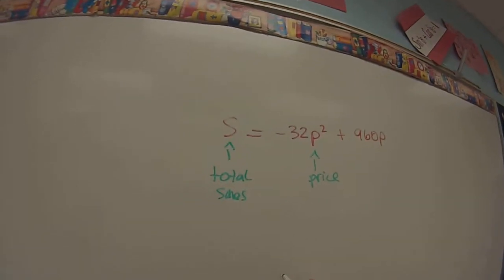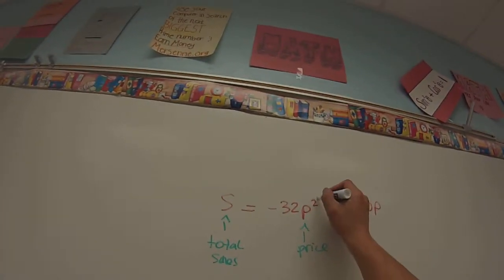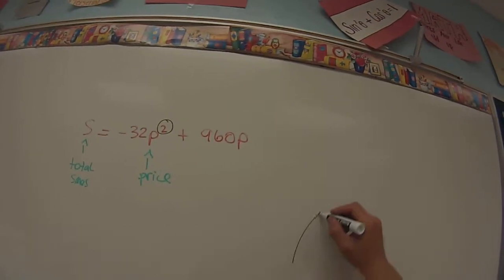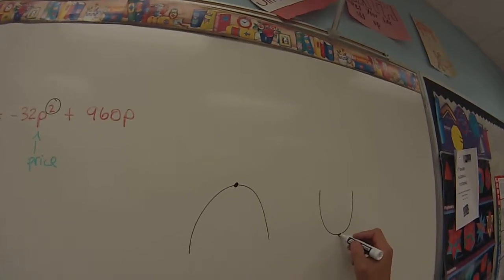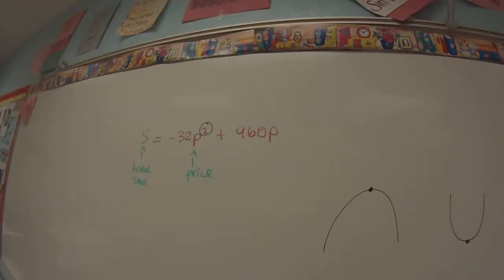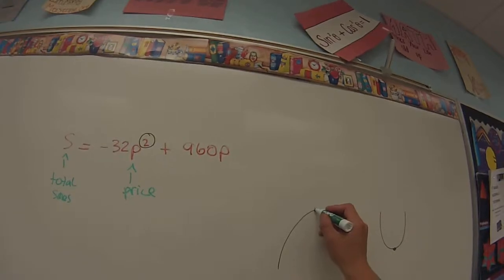That hints to the vertex. Remember that quadratic equations, which this one is, can either have a high point or a low point, and that is called the vertex. Remember that, it's a special name. In this case, this quadratic equation has a high point. How do I know it has a high point?